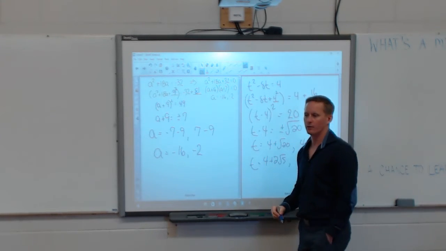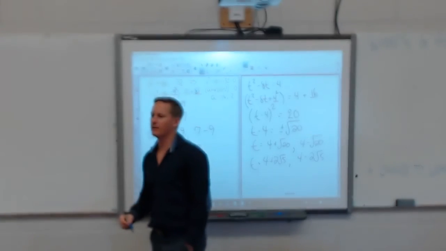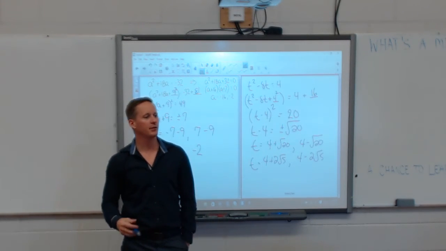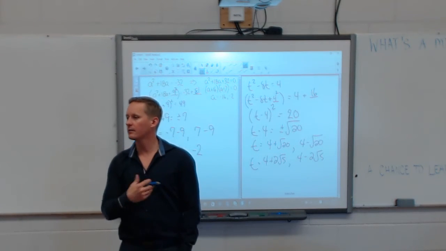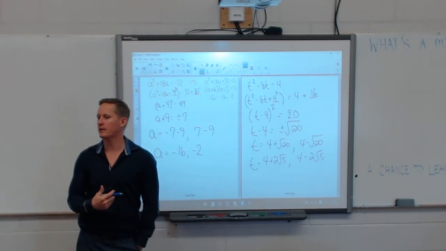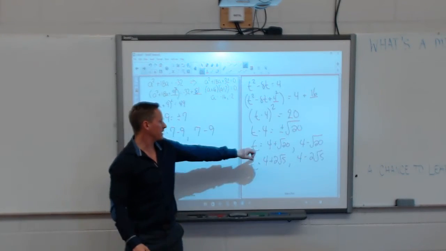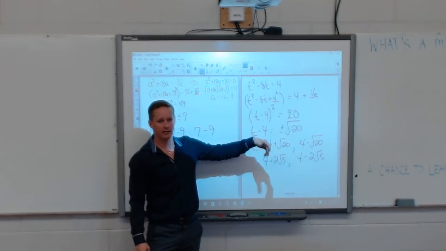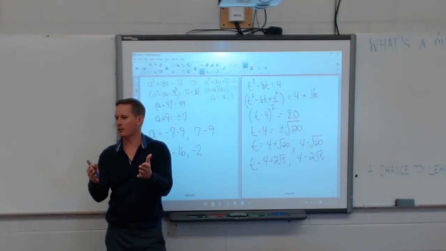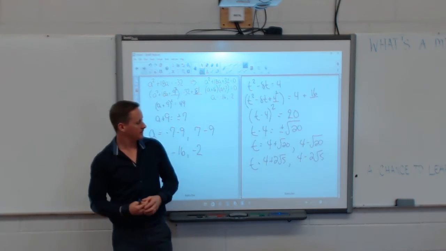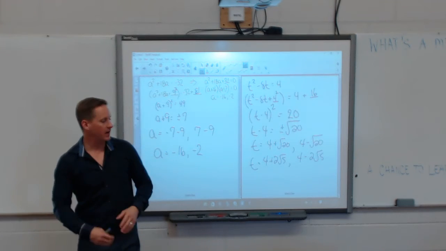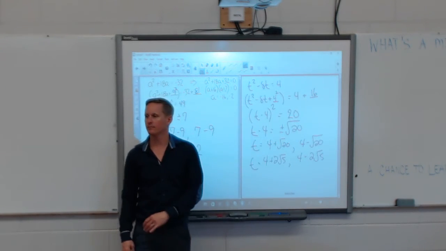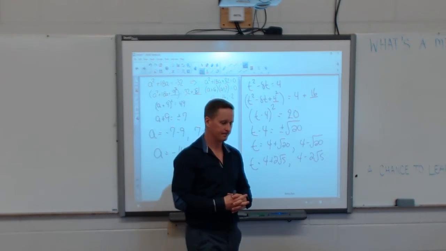That would be your solution. Don't feel you need to make that a decimal. If you're using your graphing calculator and you want to check it with your graphing calculator, then do it. Find out what it is as a decimal. Okay? So at this point, I'd go 4 plus root 20, punch it in, check it on my graphing calculator. 4 minus root 20, check it on the graphing calculator. Otherwise, leave it with the square roots. Okay?